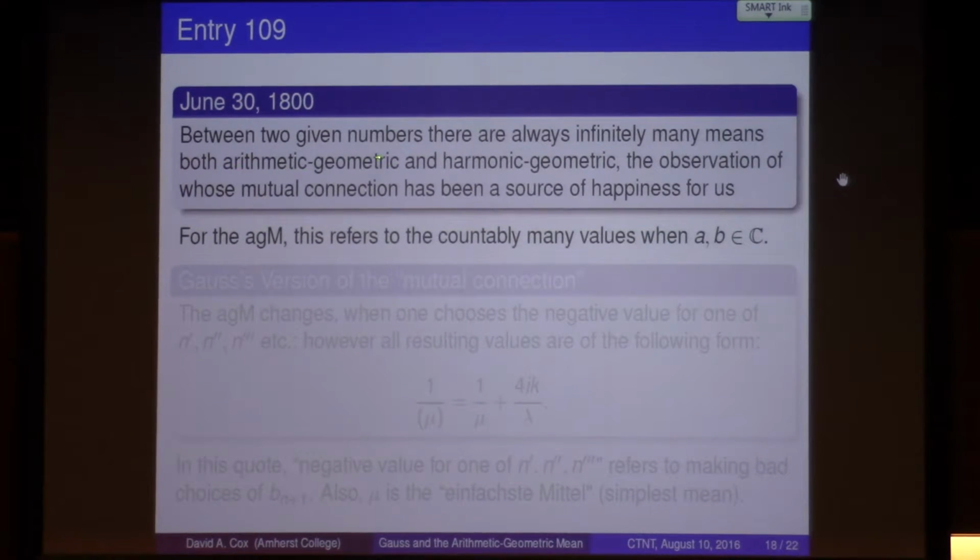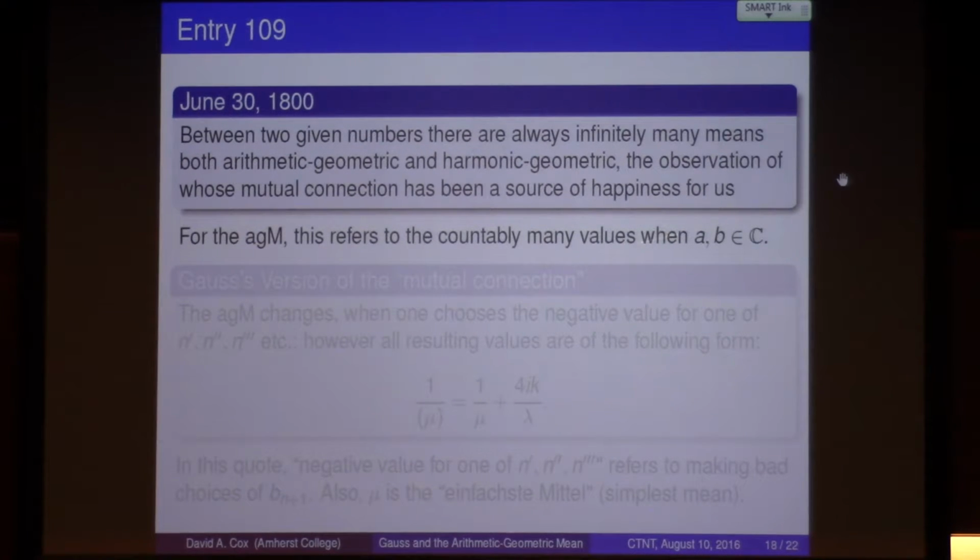So what he's saying is between any two given numbers, there are infinitely many arithmetic geometric means. So he's obviously now dealing with complex numbers. But it says the observation of whose mutual connection has been a source of happiness for us. Well, Gauss was a little full of himself, but on the other hand, he was Gauss, so justified.